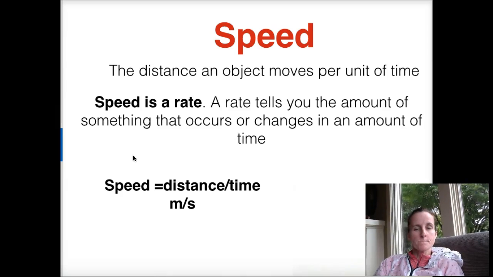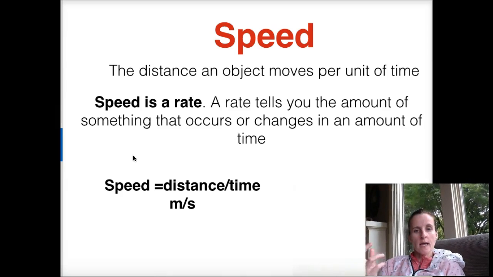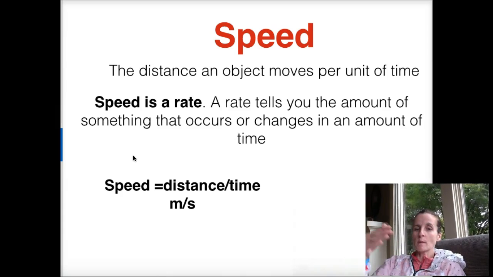Okay. We'll also talk about velocity and acceleration, which are also rates. How much something happens, how much you speed up and slow down, how quickly you change direction, or how much distance you cover, all per unit of time, which makes that a rate.